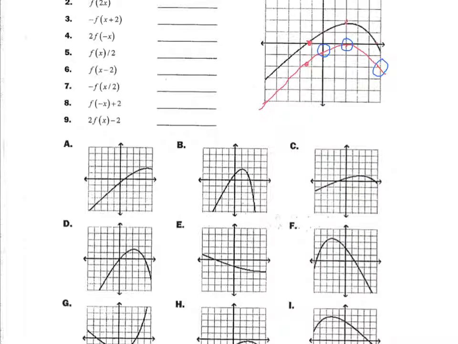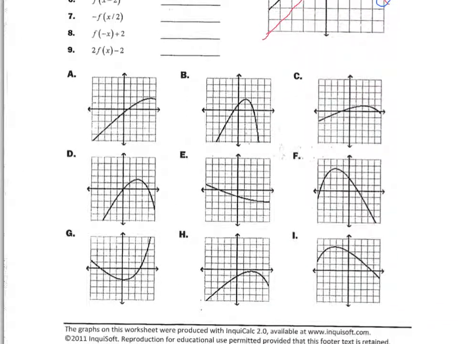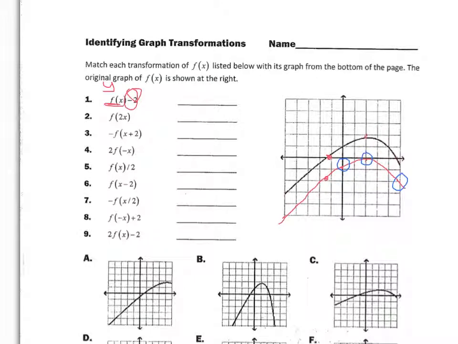So none of the first 3 are below the x-axis, and none of the next 3 are below the x-axis. So let's keep looking down. And we find that we have y-intercept about 1, a little bit below the x-axis, and then we're over here about 2. So I'm going to say that number 1 is letter H.